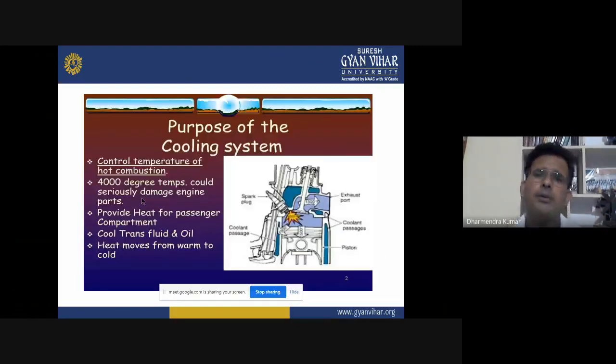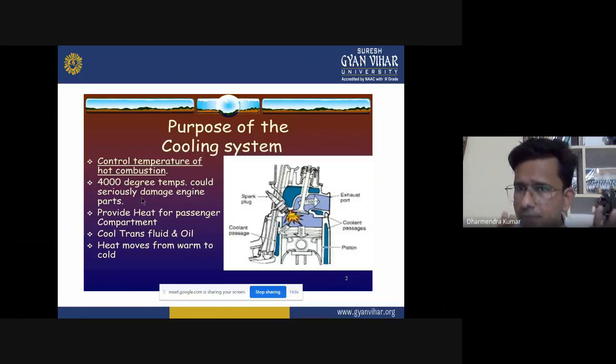Now, the most important thing is the purpose of the cooling system. Why is a cooling system needed in any automobile, or what are the various requirements of a cooling system in any automobile? Now, let's discuss point-wise. It controls the temperature of hot combustion.